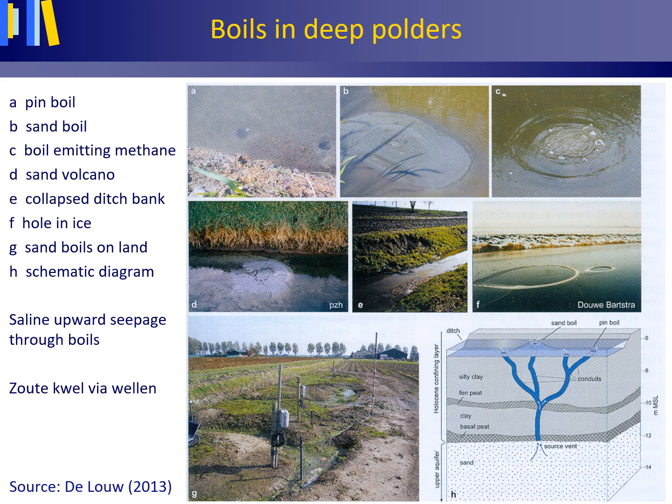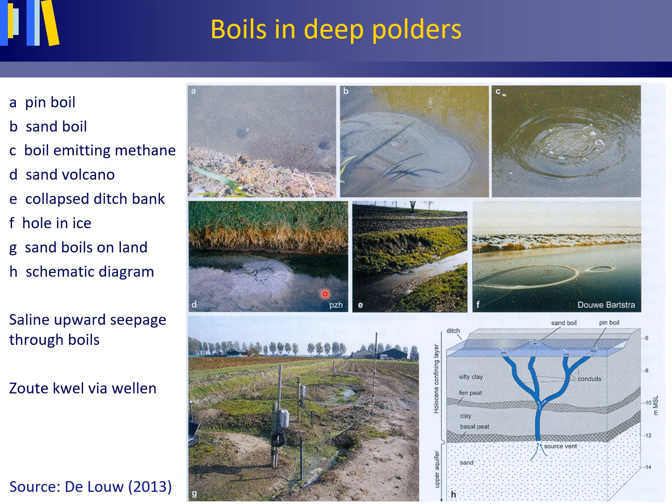Preferential pathways for upward seepage are especially evident from this picture that shows different types of boils in deep polders. A pin boil, a sand boil where sand is transported upward with the water flow, a boil emitting naturally occurring methane, which is, as you are most probably aware, a most potent greenhouse gas in the Earth's atmosphere, thought to heavily contribute to the enhanced greenhouse effect.